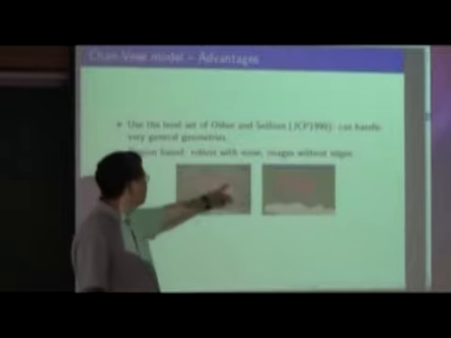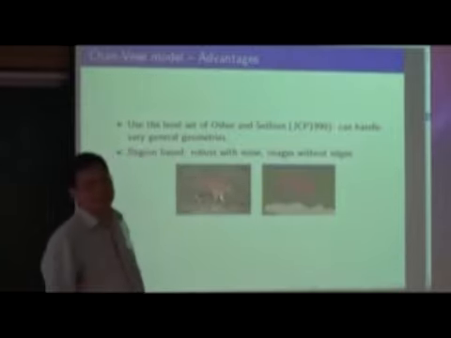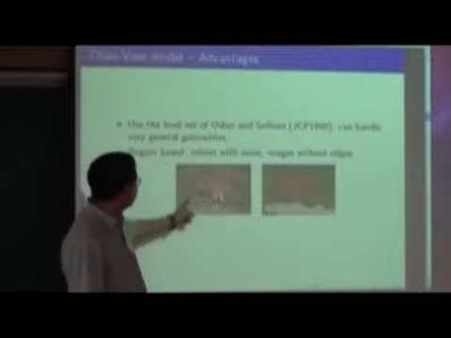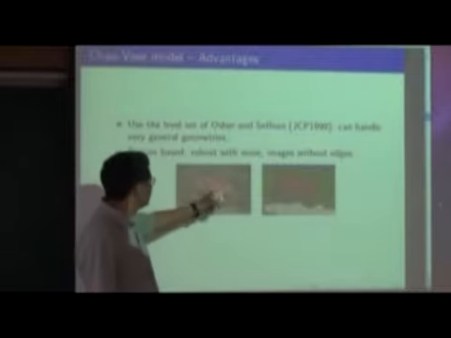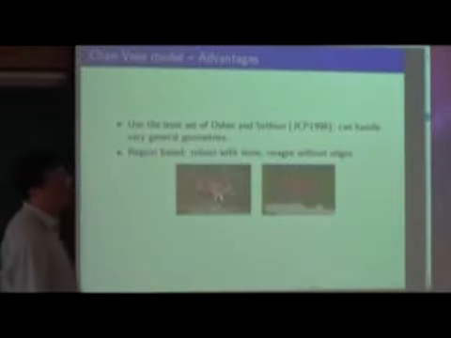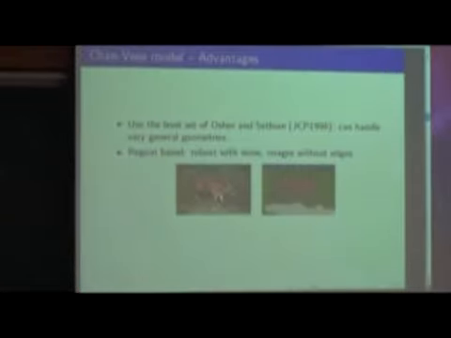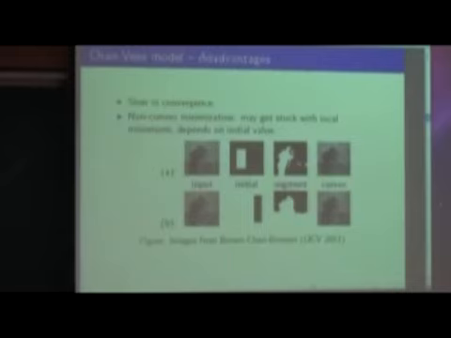But if you use a region based method, you don't use the edge information. If you really calculate the edge information of this image, you will get something quite different from what you get here. And I think those are the two important reasons why these models are getting so popular.